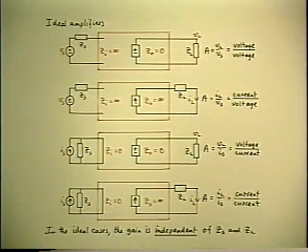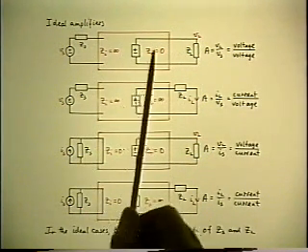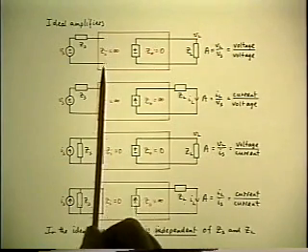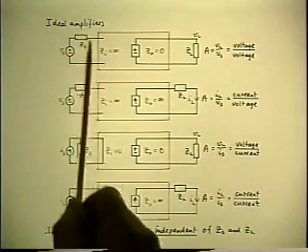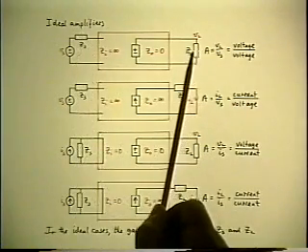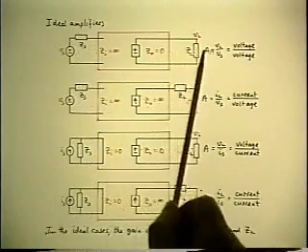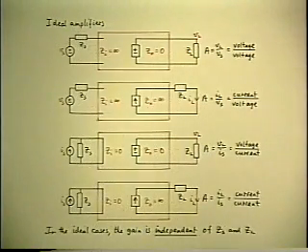And there's only one way that can happen. The input impedance of your ideal amplifier would have to be infinite, and its output impedance would have to be zero. Otherwise, you would have a divider effect at one or both ends, and so the Zs and the Zl would get into the answer, and it wouldn't be ideal. So that's the definition of an ideal voltage to voltage amplifier.